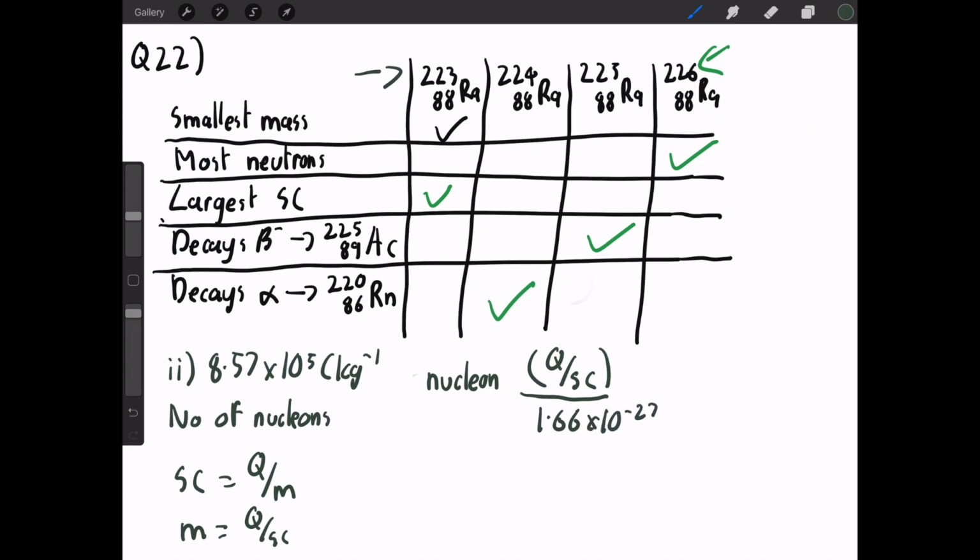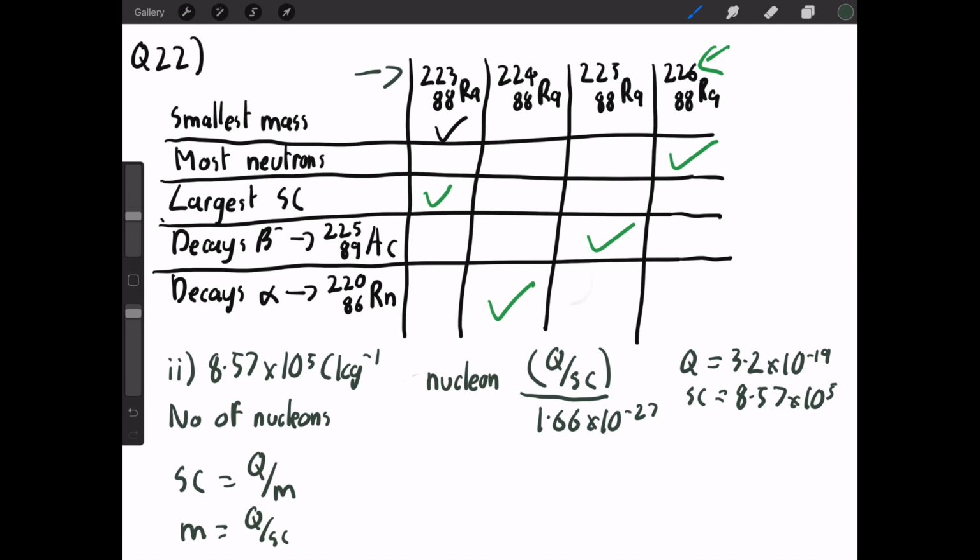So now it's just a case of plugging in our numbers. Q is the charge on the ion, which is 3.2 times 10 to the power minus 19. It's not the charge on the nucleus, the question asks for the ion here. And specific charge, we're told, is 8.57 times 10 to the power 5.